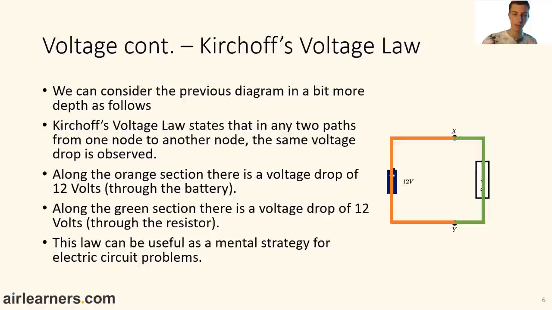So whether that's 12 volts through the battery or 12 volts through the resistor, it doesn't matter. There's still 12 volts all up. And this idea can be very useful when we get into circuit analysis, and we'll see that a bit later on.